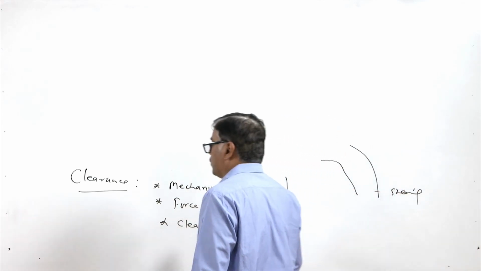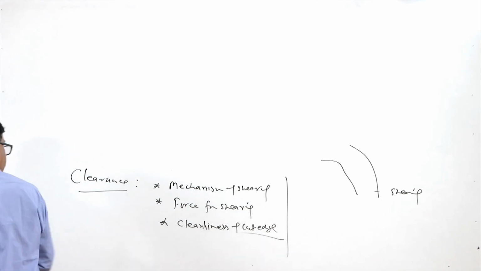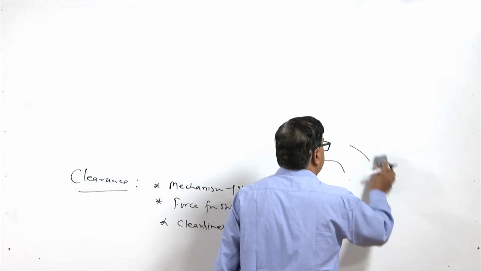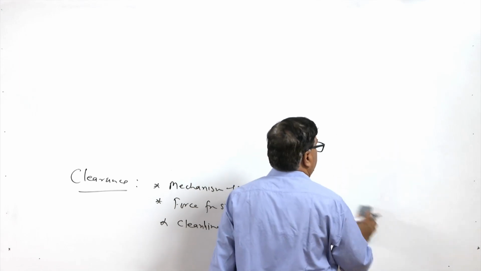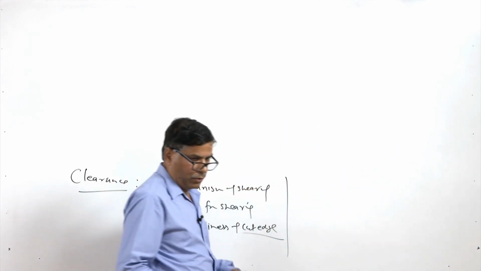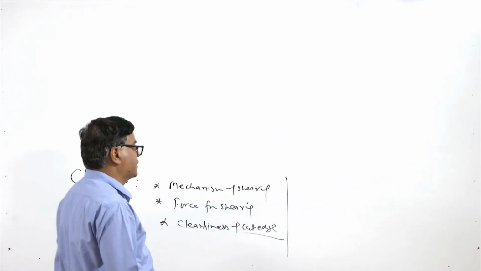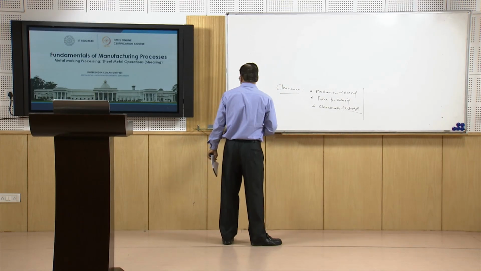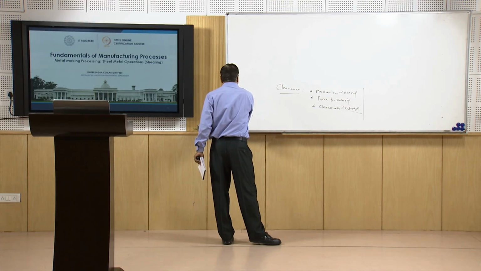So, the control of the clearance is important for having a very clean cut edge and proper growth and propagation of the cracks from both the sides, so that they meet at the center, with minimum force and power requirement for the shearing purpose.